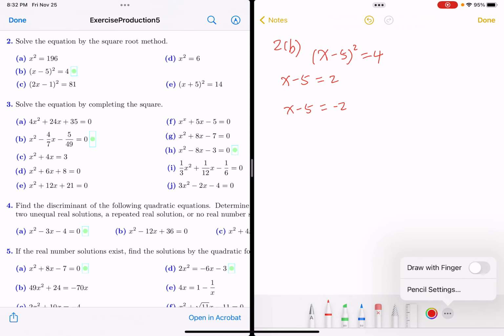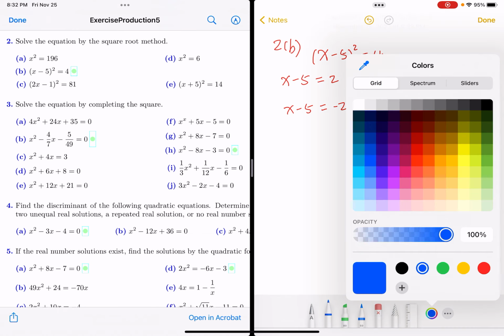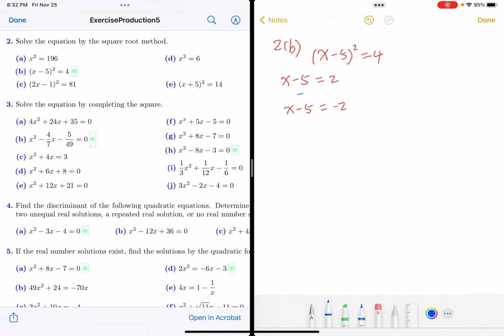And then here, if we add 5 on both sides, the negative and positive cancel each other, so we have x equals 7. Here, when we add 5 on both sides, we then have x equals 3.